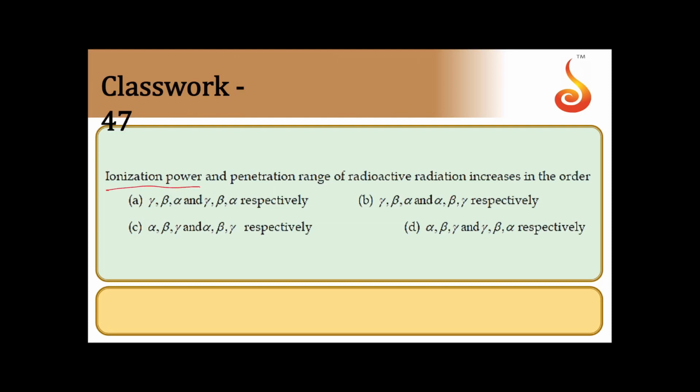See, when it comes to ionization power, highest ionization power is for alpha, then beta, then gamma. So it should be alpha, beta, gamma in the first place. Then when it comes to penetration range, highest is for gamma, then beta, then alpha. So it should be option D. Oh, they are asking in the increasing order.